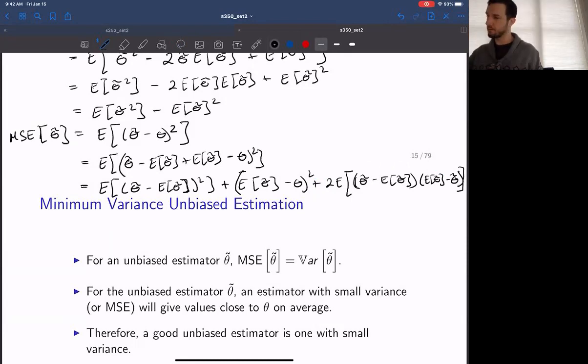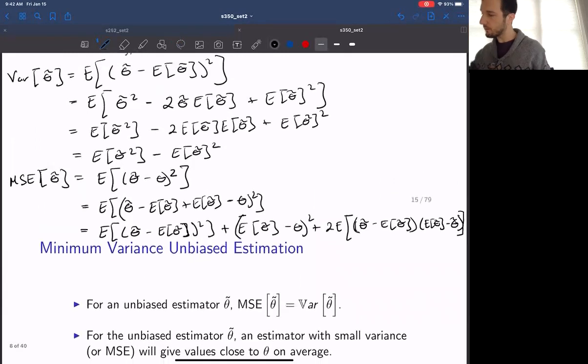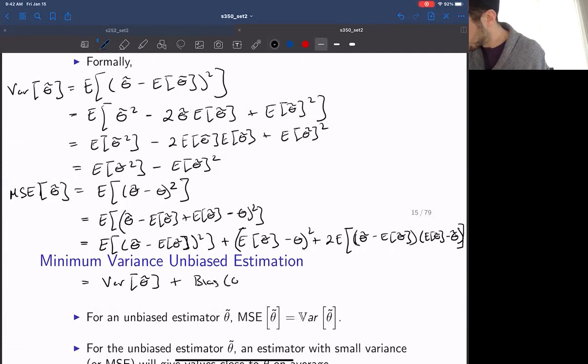There we go. Okay, and now the reason why we would want to write it in this form is because we can show that this quantity here, the first part, is the variance of theta tilde, and the second part is the bias of theta tilde squared.